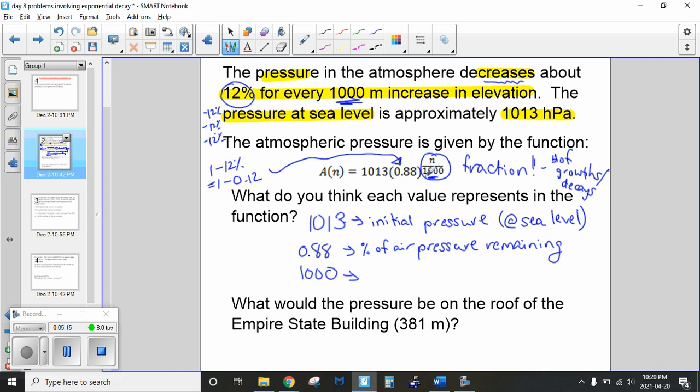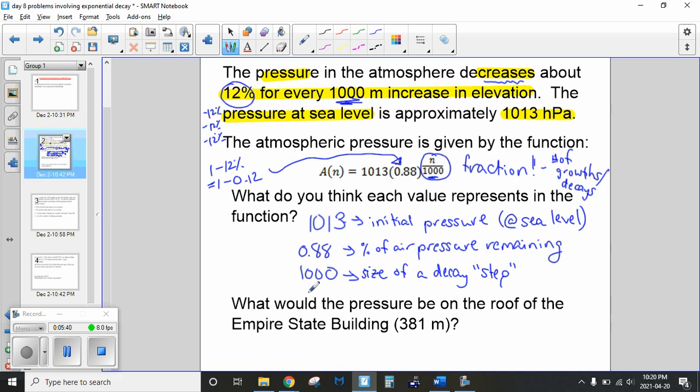So the 1,000 in the denominator is helping us figure out the size of a decay step. So step is not really the right word, but hopefully you know what I mean. So every 1,000 meters.